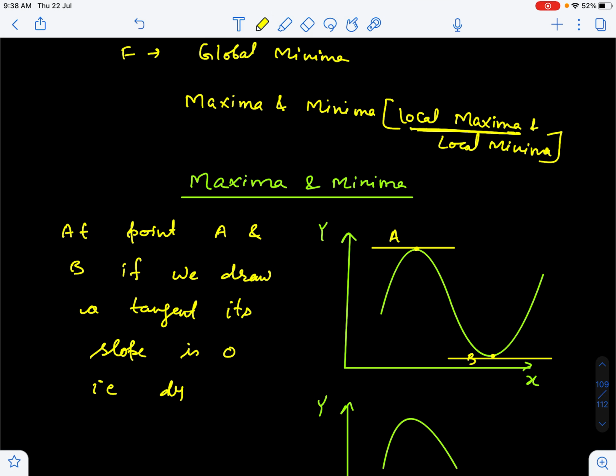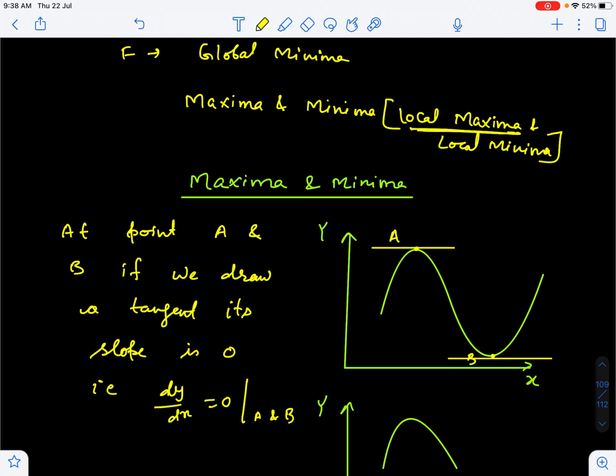That means dy by dx is equal to 0 at both A and B. Dy by dx is 0 at A and B, meaning the slope of the line, if you draw the tangent at A and B, will be 0.